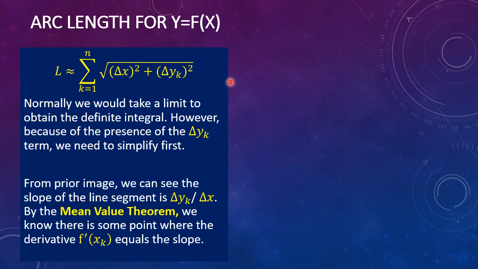From the prior image, we saw that the slope of the line segment is delta y over delta x. And we know by the mean value theorem that we covered in Calculus 1 that if a function is continuous over a closed interval, then there has to be some value in there where the derivative, the instantaneous rate of change, is exactly equal to the average rate of change, or the slope, over that interval.